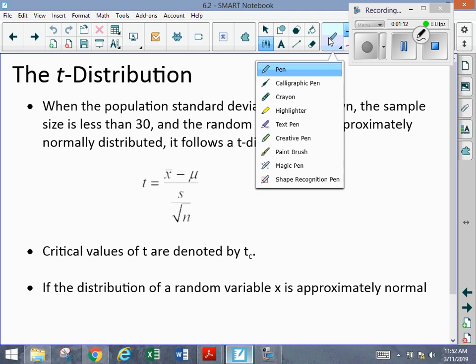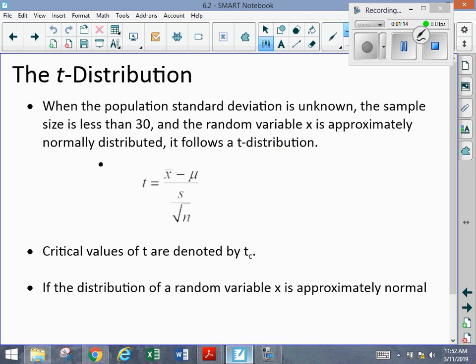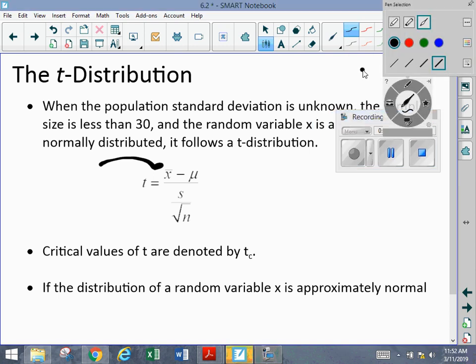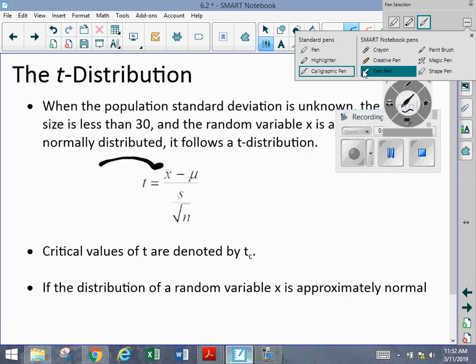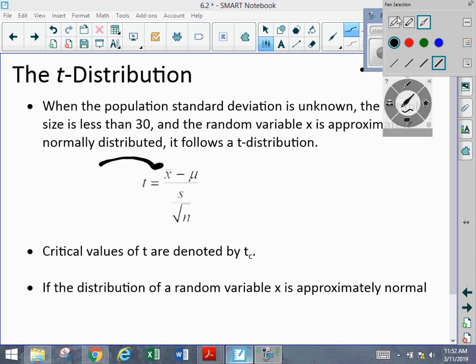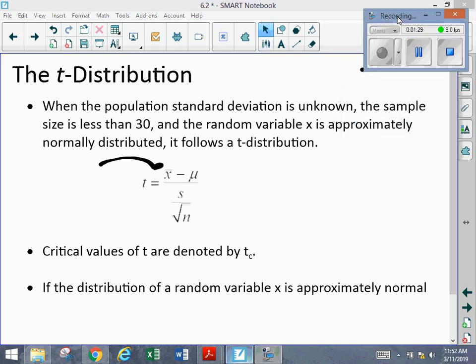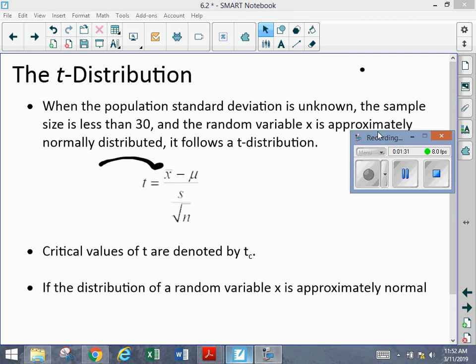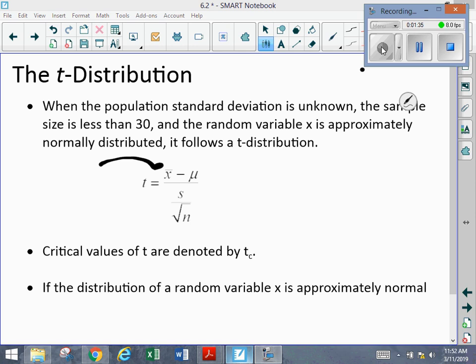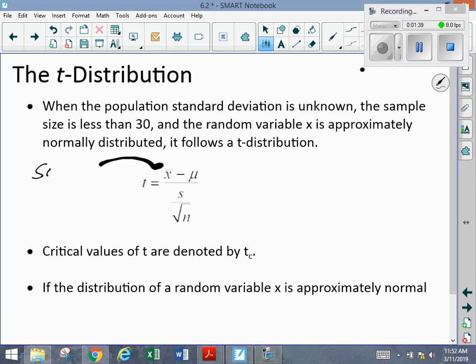Let's actually write this down real quick. That guy is your sample mean. So this is your sample mean.